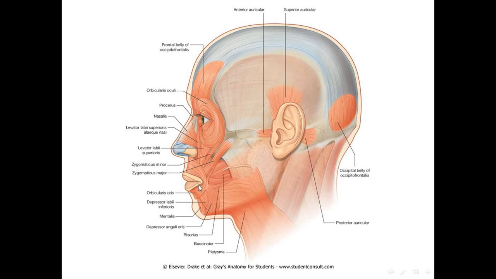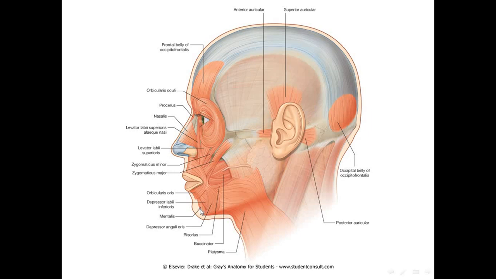The oral group, we have the orbicularis oris, the buccinator deep here, and the masseter. This is the platysma, this long, thin, flat muscle. And then levator anguli oris and depressor anguli oris, levator labii superioris and depressor labii inferioris.